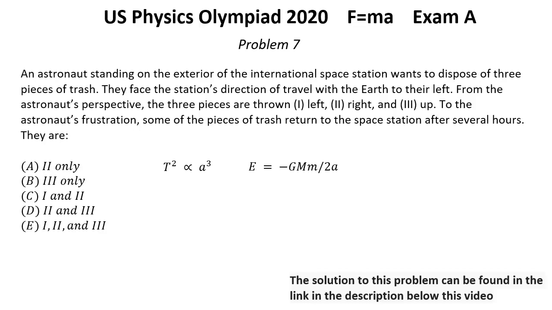The astronaut's throw has a negligible impact on the total energy of the trash, and hence a negligible impact on a and hence T. In fact, after one full orbit, all three pieces of trash simply return to the space station. That's answer E, and that was the solution for problem number 7.